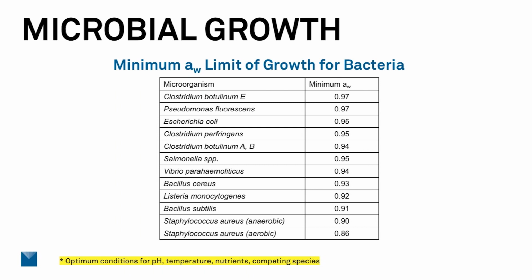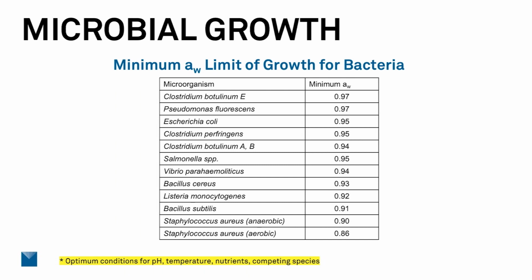And what that means is that everything else is perfect, the ideal conditions for pH and temperature and nutrients, and there are no competing species for that bacteria to grow. Now, if any of these change, then they're not ideal. And actually what will happen is the water activity would have to be increased.